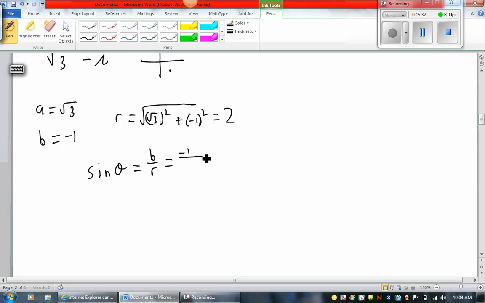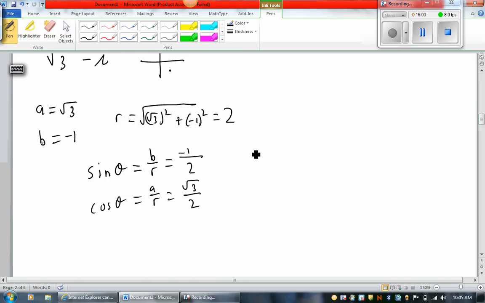Which is negative 1 over 2. So sine theta equals negative a half. Cos theta is a over r, which is radical 3 over 2. Positive.